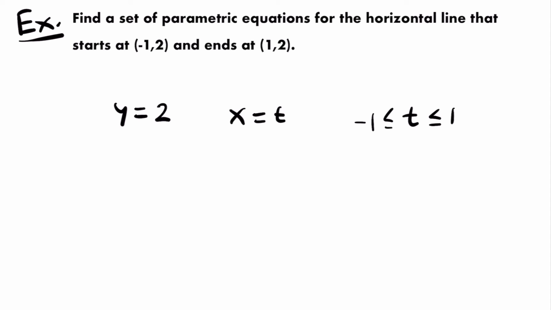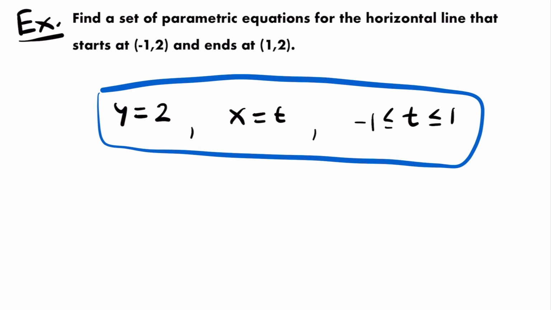We know that our x values will be from -1 to 1, so we just make that the values of t and let x equal t. Y is never going to change. Y is not dependent on t, so we can just have y equals 2. Okay, and so right here, we have a set of parametric equations that represents a horizontal line that starts at this point and ends at this point. Let's look at another example.